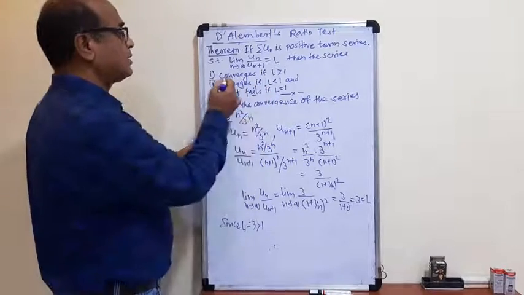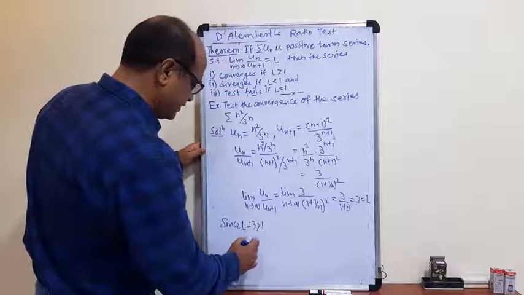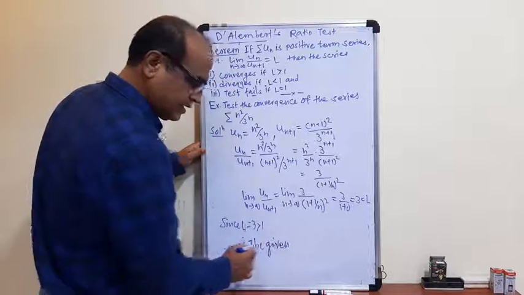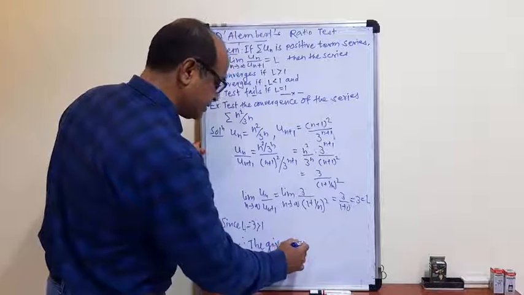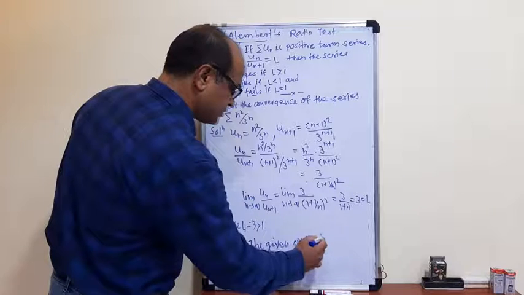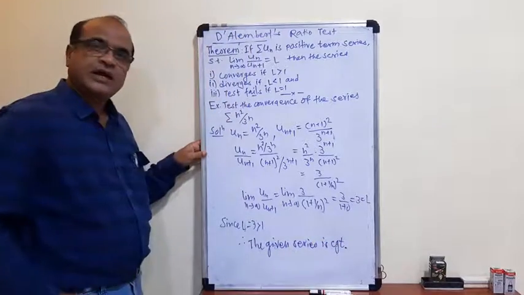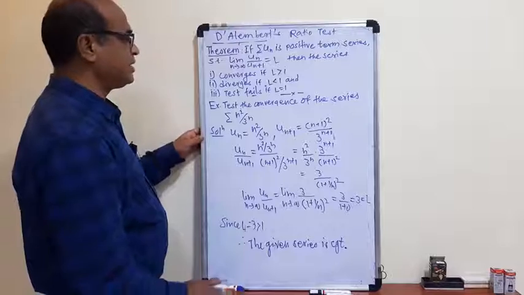Then by D'Alembert's ratio test, the given series is convergent. Okay, so this is a very simple example.